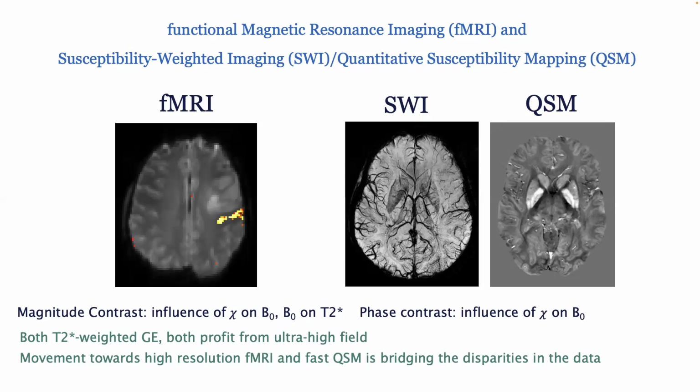Both of them use T2 star weighted gradient echo acquisitions. And these extremes that they represent at the moment, at the edges of the spatial temporal resolution scale, are really starting to gradually disappear as we move to higher and higher resolution fMRI and to faster acquisitions of SWI and QSM data.